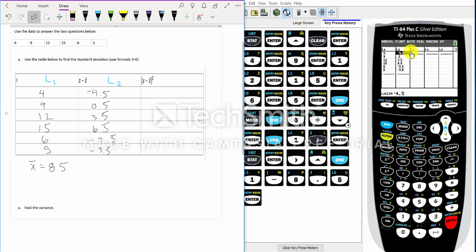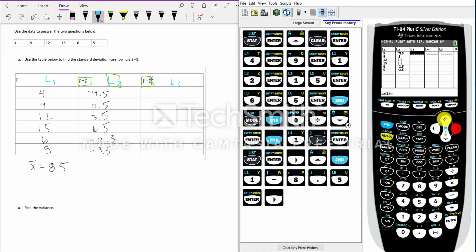The x minus x bar squared takes what we had before, x minus the x bar, which was the second column, and squares it. So on the L3 column, we're going to type in the L2, so Second and then the 2 to bring up the L2, then squared, and then hit Enter. That's going to bring up the x minus x bar squared column.